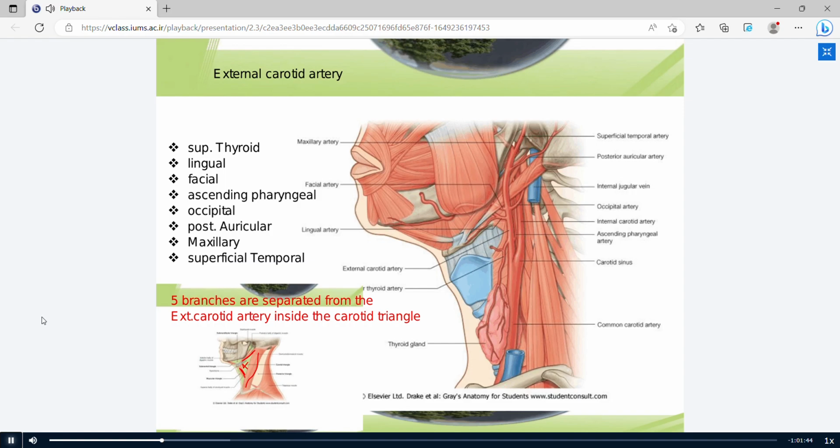I ask you to write or name the 5 branches of the external carotid artery separated from the carotid triangle. If you activate the microphone, it's better.